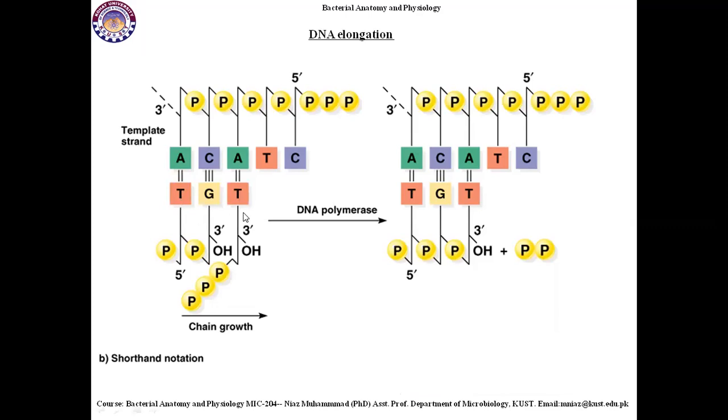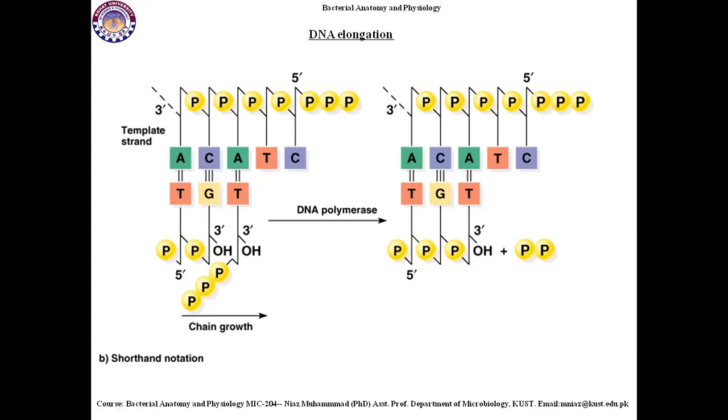Here I will explain a little bit to you. Suppose this is one strand of DNA. These are nucleotides: adenine, cytosine, adenine, thymine, cytosine. And we know very well that adenine will bind with thymine, cytosine will bind with guanine, and adenine will bind with thymine.